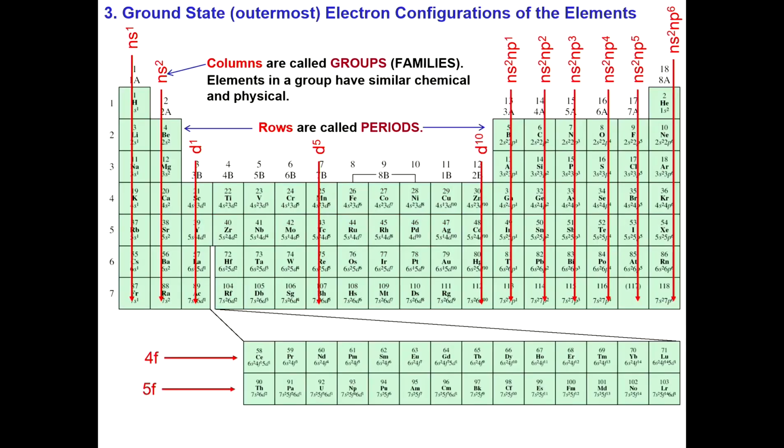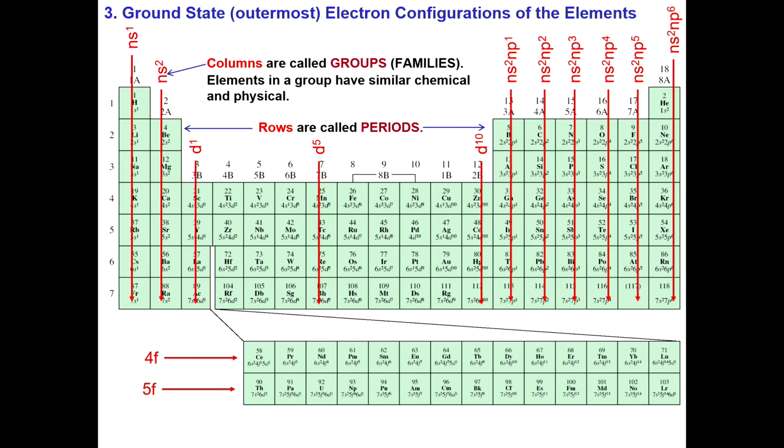Now in one group, for example in this group, the outermost electrons are filled in ns. You can write like ns1, right? For example 1s1, 2s1, 3s1, 4s1, and this group is like ns2.